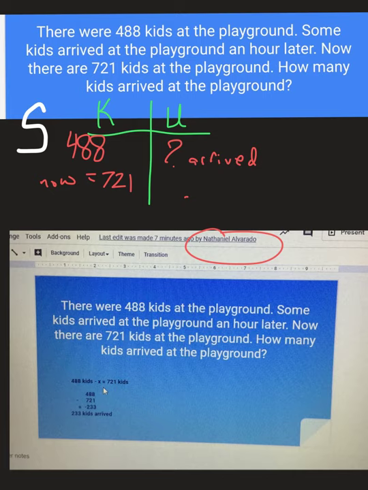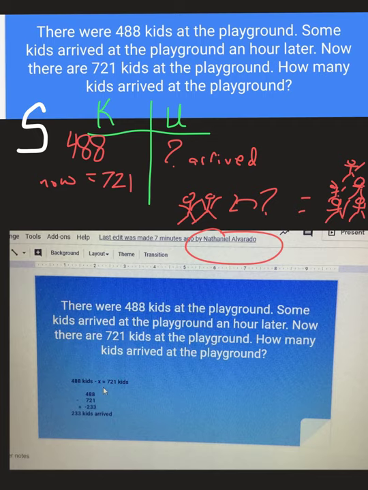We've got all these kids at the playground, and we've got some more that joined in. Now we have even more kids at the playground. So if you look at the action that's happening in the story problem, the action is that some kids are coming into the playground. So they're joining the kids that were already there. That does not mean, though, that we're adding. We're actually going to subtract here.